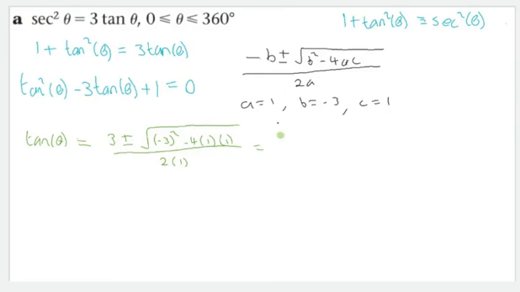In particular, that's 3 plus or minus the square root of 3 squared is 9, 9 minus 4 is 5, all over 2.